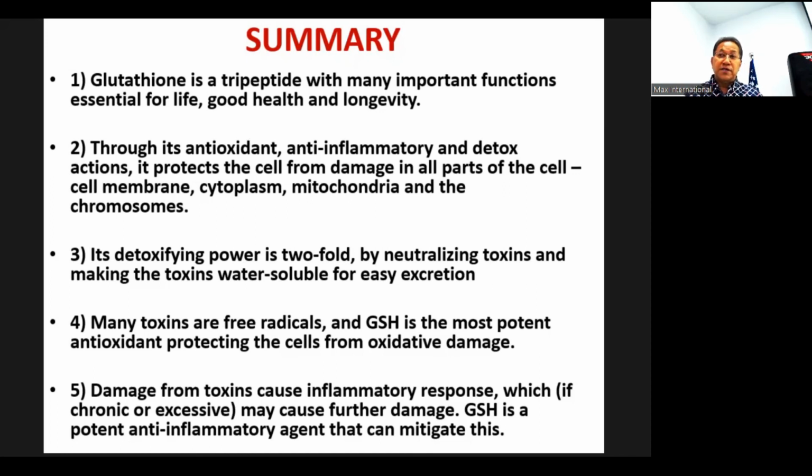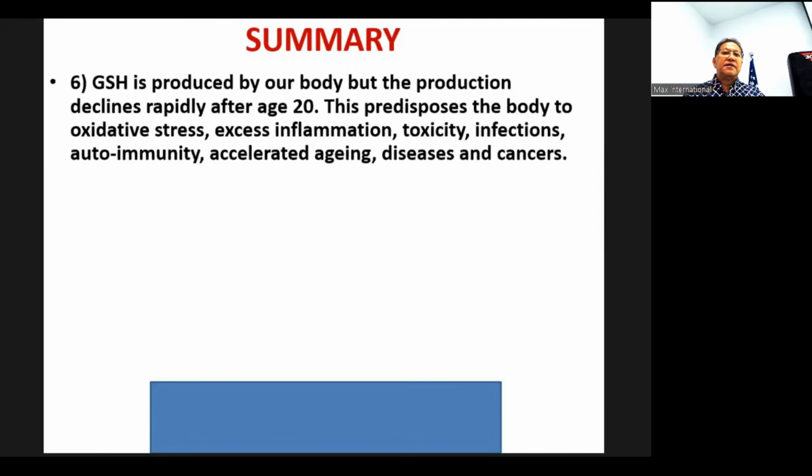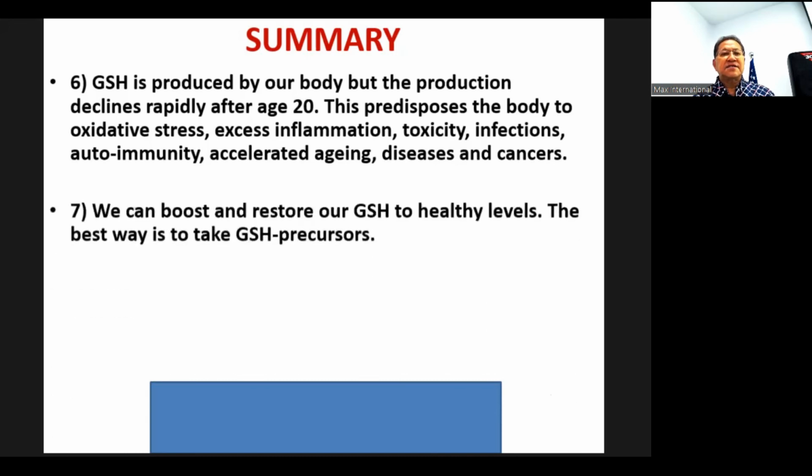So, two ways. Not only does it block the toxins, but even if it fails to totally block the toxins, it can still block the inflammation caused by toxins. Glutathione is produced by our body, but the production declines rapidly after age 20, and this predisposes the body to oxidative stress, excess inflammation, toxicity, infections, autoimmunity, accelerated aging, diseases, and cancers.